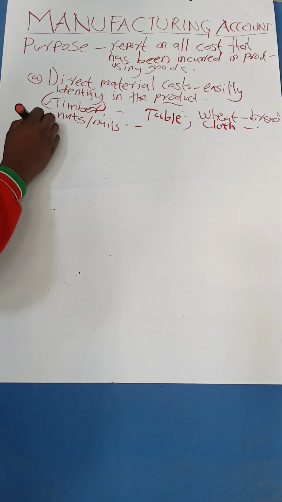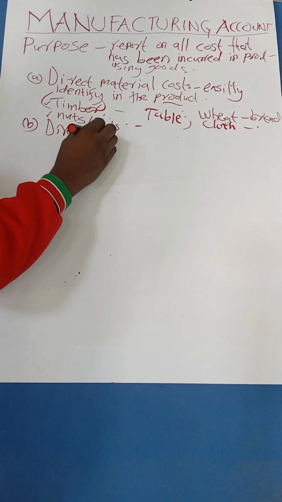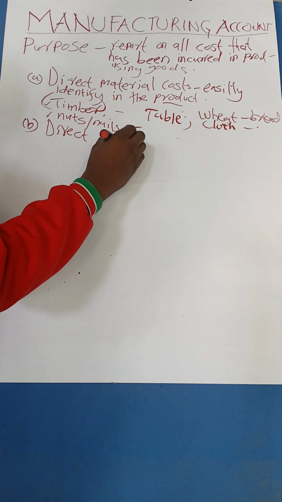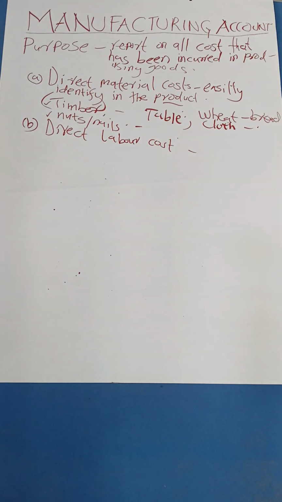Labor cost. Remember, in the manufacturing account, we have to pay those who are working on those machines. At the end of the day, wages must be given out. Now, why do we say direct labor cost?